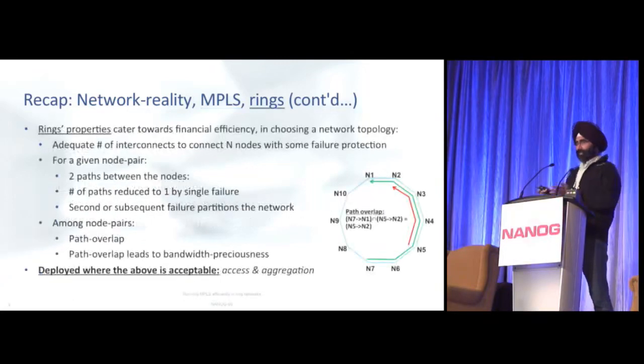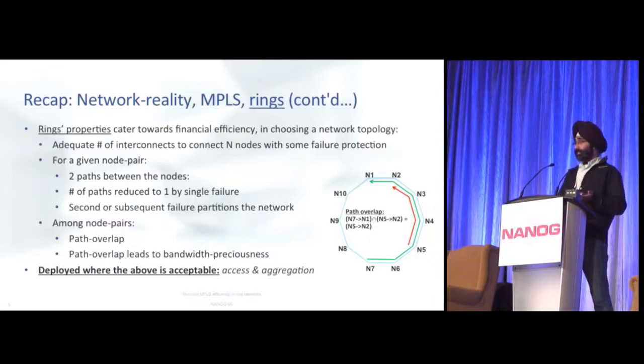So now let's look at rings. What are the properties of a ring? Thereafter, we'll look at what it is about rings and MPLS that makes them so far not play along that well. So a ring is a simple topology which gives complete connectivity for n nodes with just the adequate number of links between those nodes.